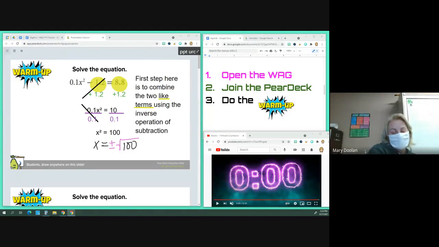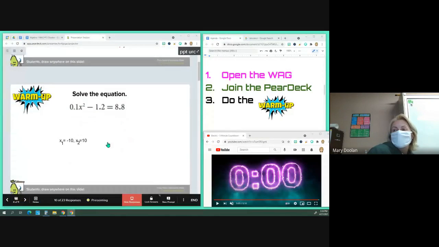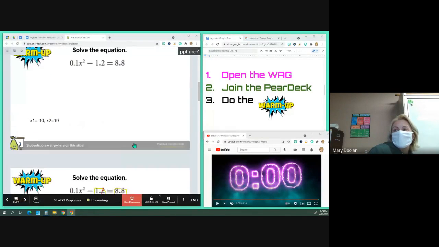So that's just our definition of taking the square root. We have to consider both the positive and the negative square root of 100. We don't know which one x could be. And so the square root of 100, that's where these 10 and negative 10 were coming from.